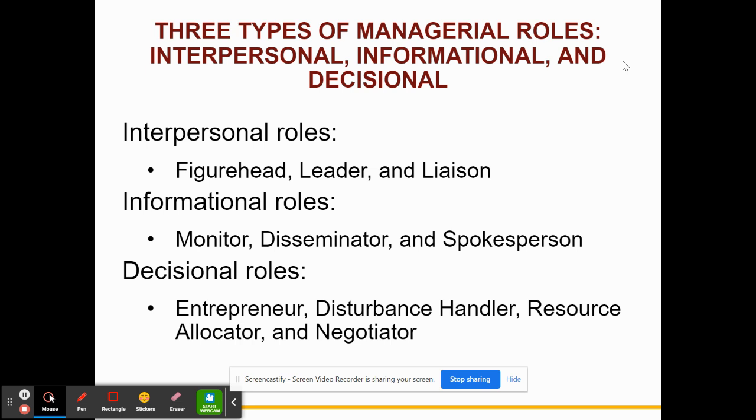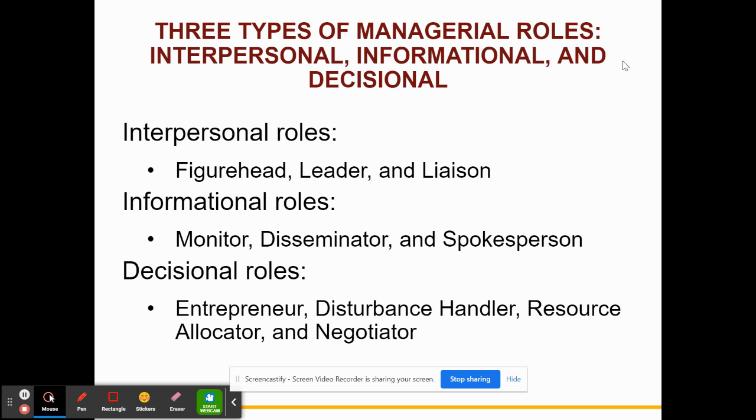Interpersonal roles: we have what's called a figurehead, a leader, and a liaison. A figurehead is a person who is a manager in title only; they might be the leader of individuals, but maybe they don't do a ton in the way of managing. Then we have the leader, the more traditional leadership, guiding and working with individuals to get something done.